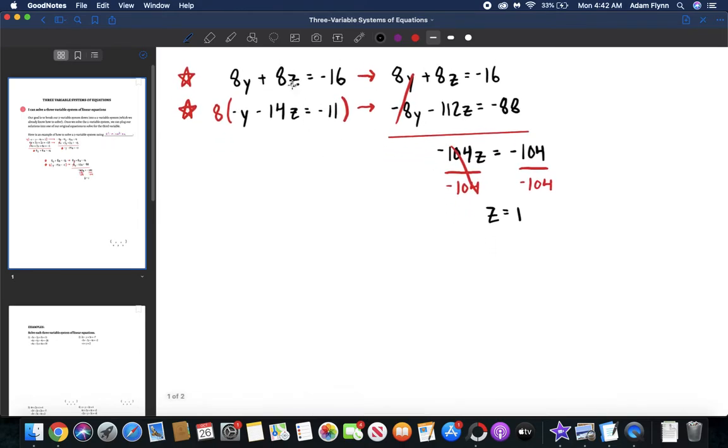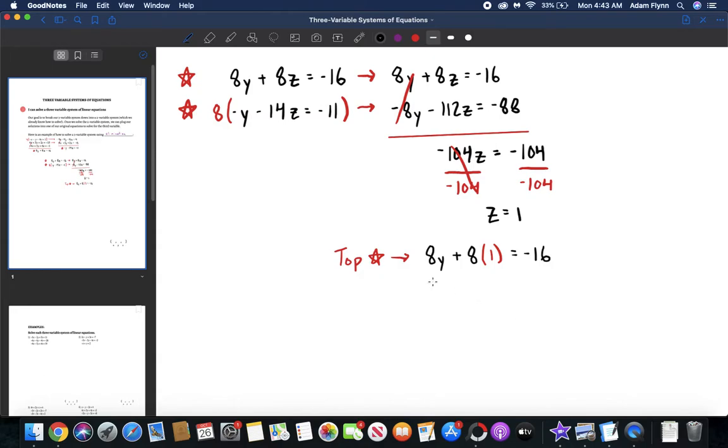Okay, so I am going to pick my top equation here. So I'm using the top star equation, and it's going to look like this. 8y plus 8, instead of z, I'm plugging in a 1, equals negative 16.